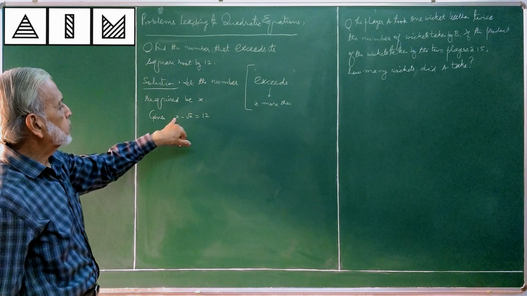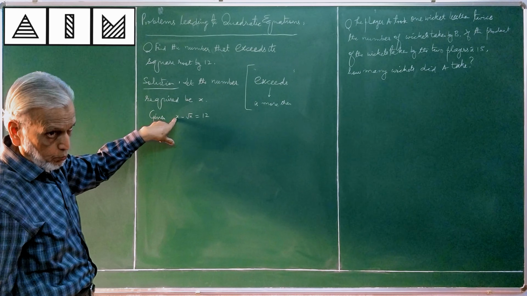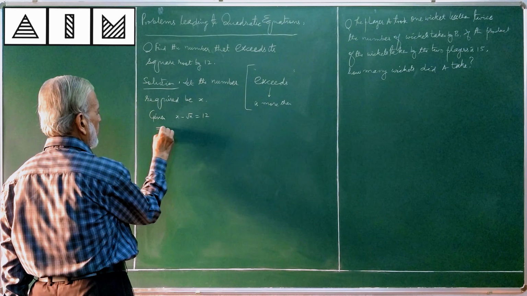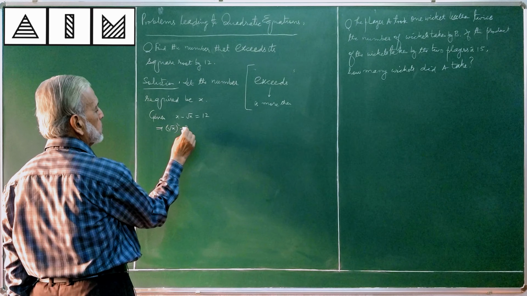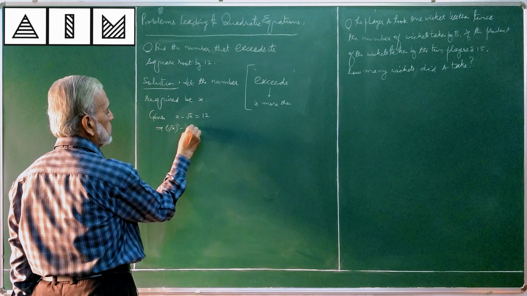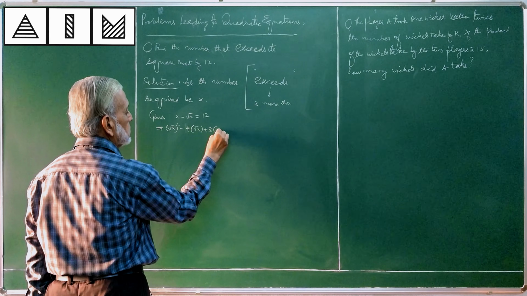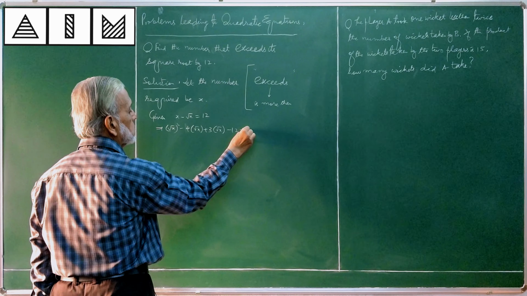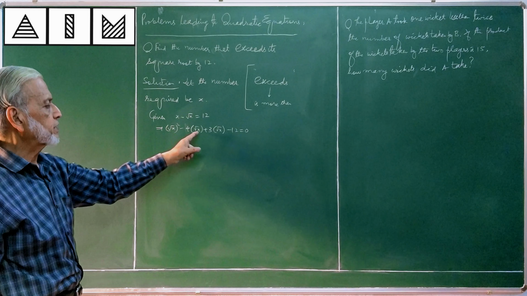Find the number that is more than the square root, so this number is more by 12. Solving: x minus root x is 12.